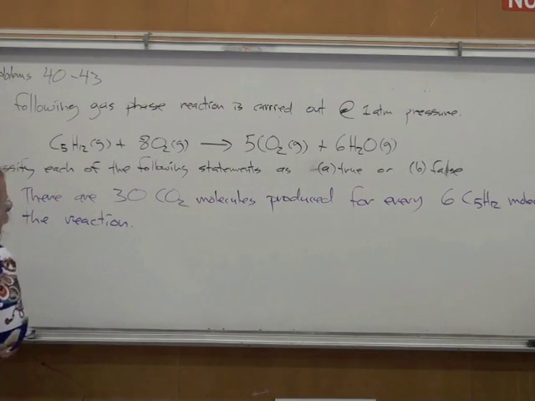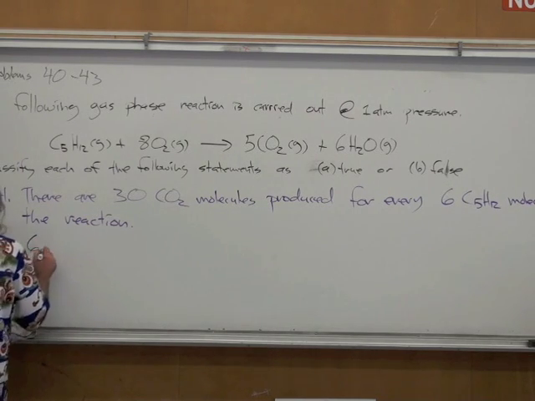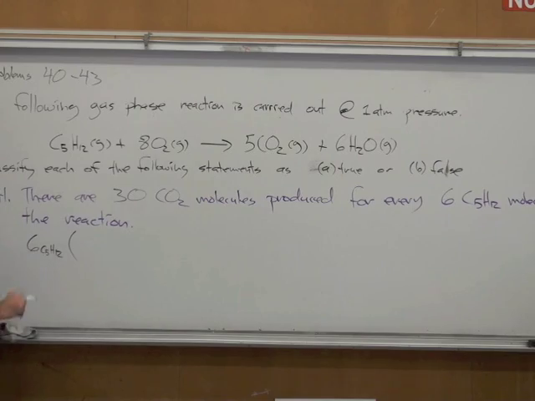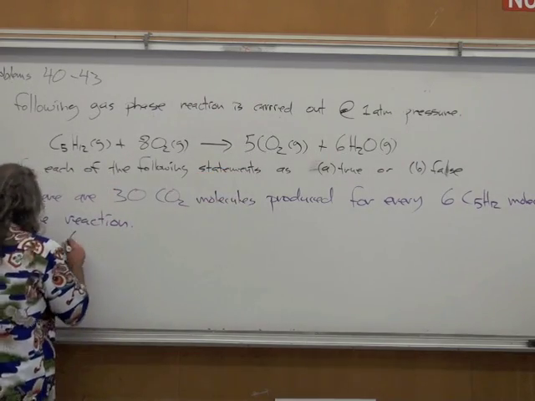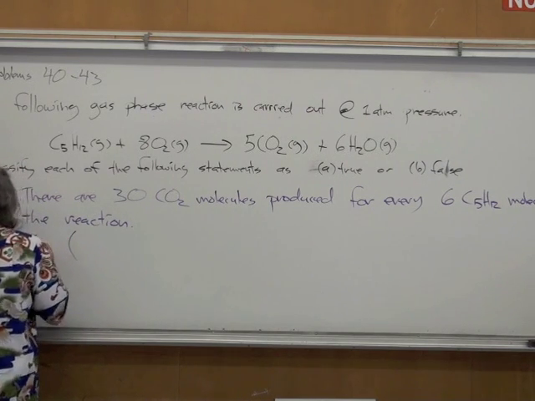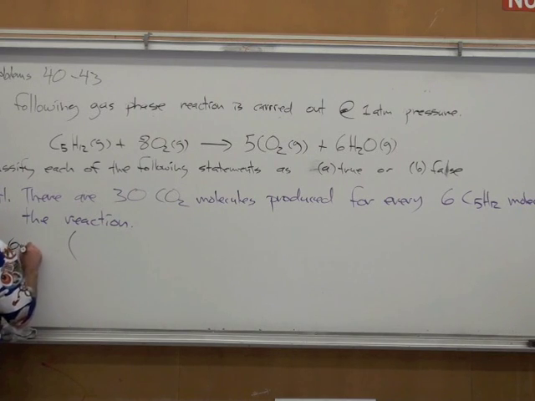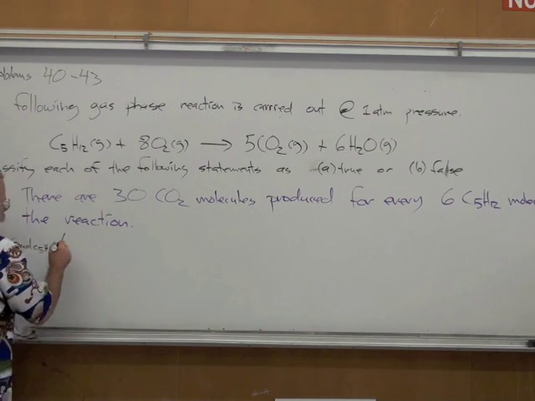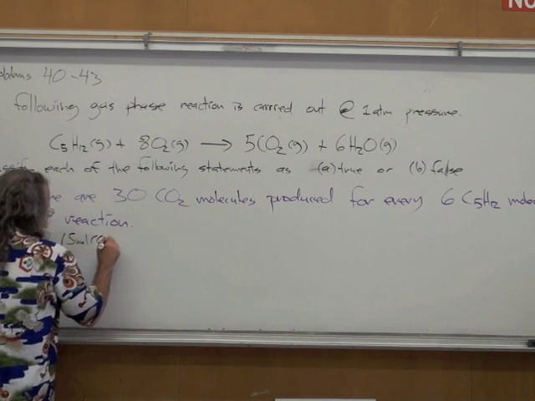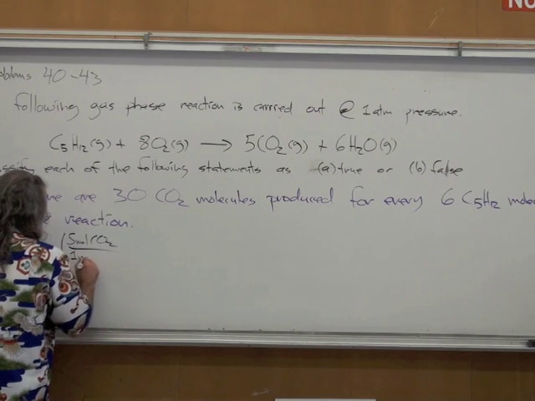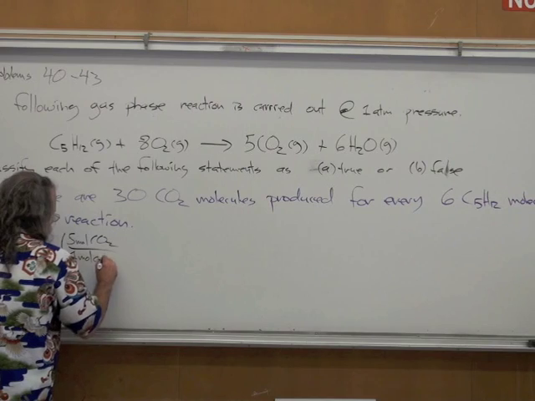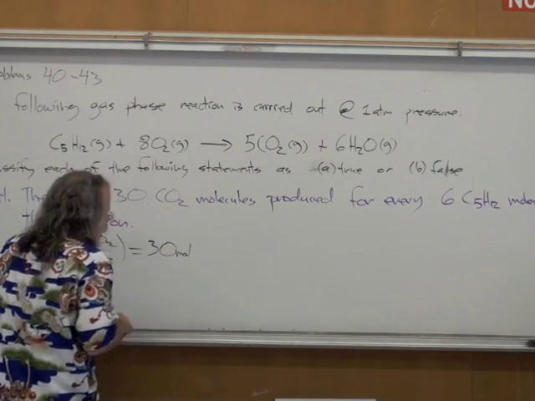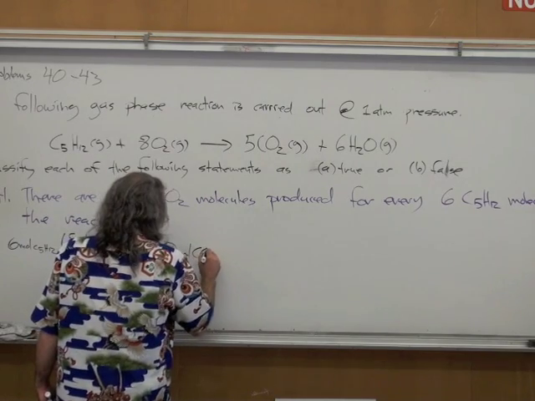If I have 6 moles of C5H12, and there are 5 moles of CO2 for every 1 mole of pentane, C5H12, that equals 30 moles of CO2.